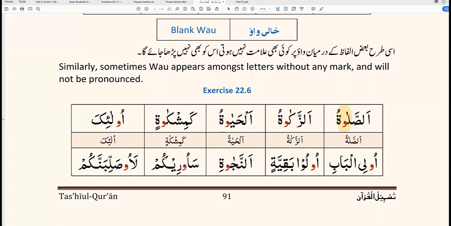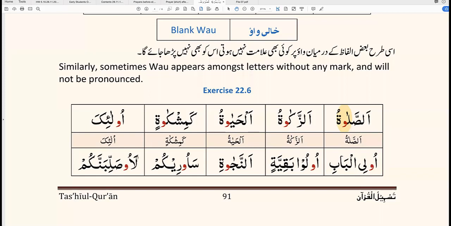Kaf with a dhamma followed by a meme with a sukoon. This is a meme sakin. It will join with what? With the kaf. Well done. Okay. Kum. Well done. Sa'urikum. Well done. Okay, so let's move on here.